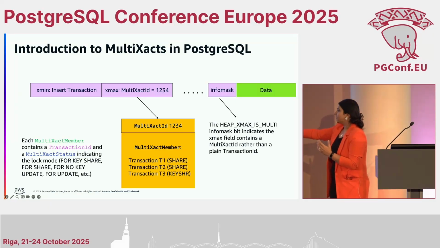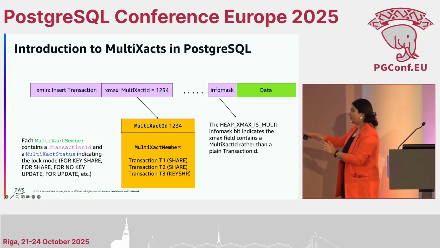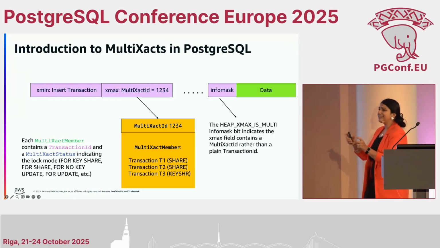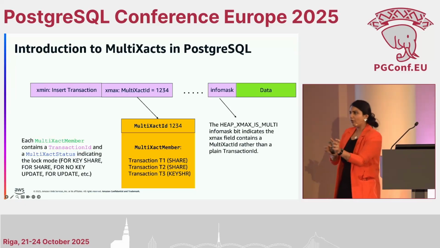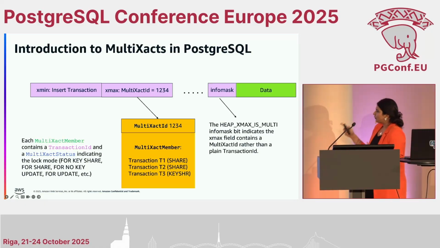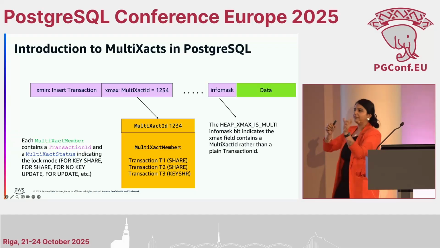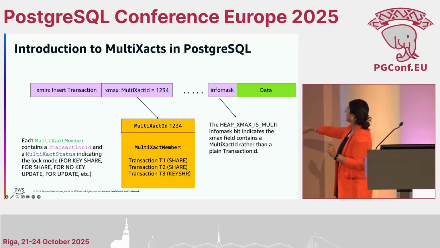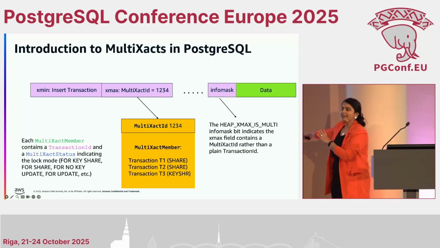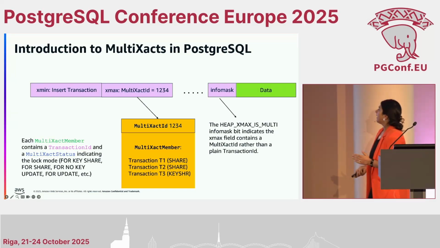And the members, as you can see, have a transaction ID and the MultiXact status as to what lock it is taking, right? The infomask also stores some information about if this is locked by multiple transactions, in the HEAP_XMAX_IS_MULTI. So that flag will be true if this is a MultiXact.